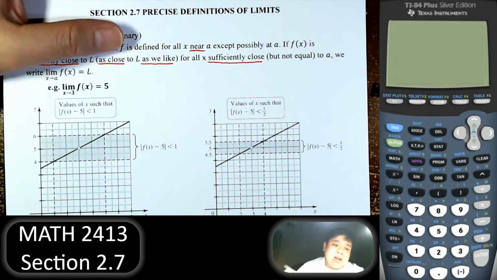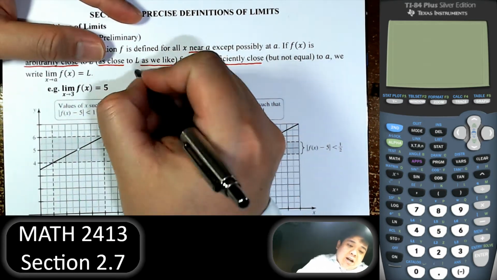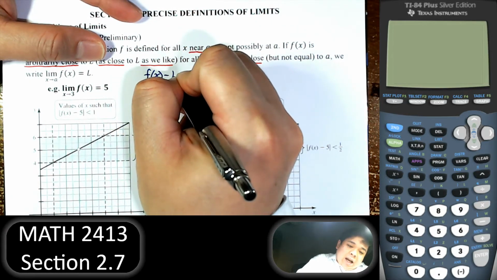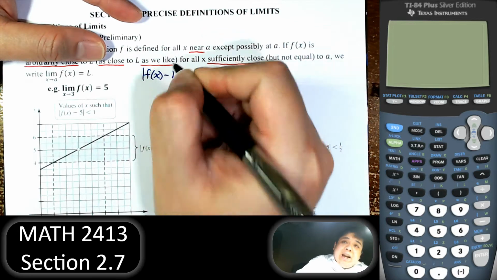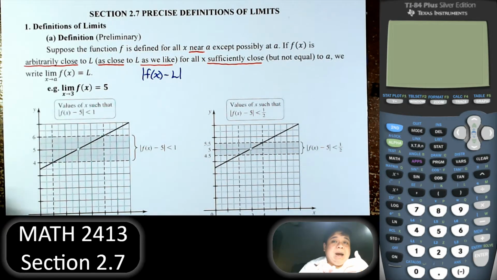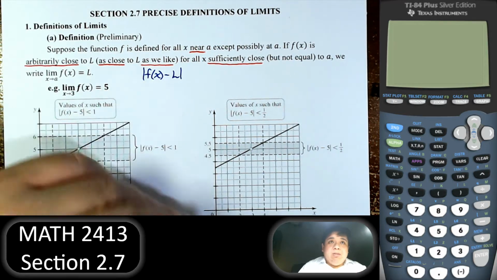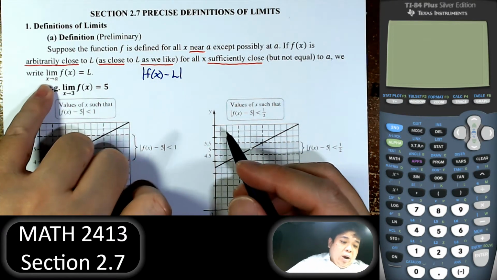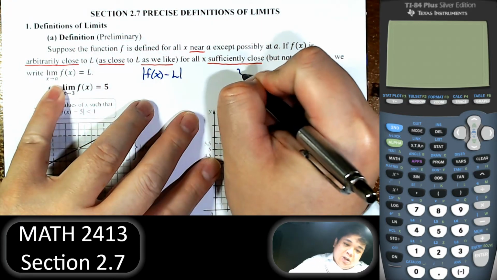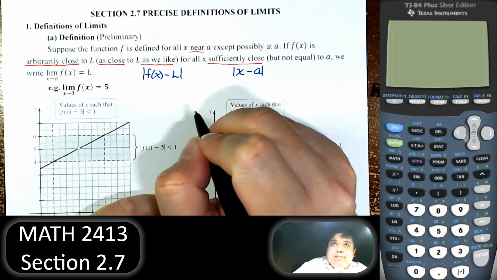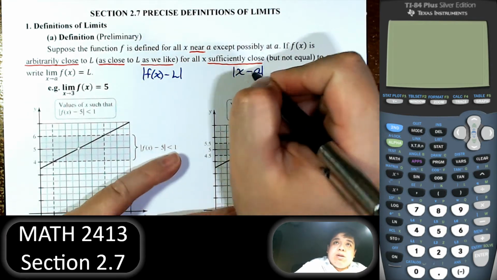So what we say is the distance between f(x) and L has to be close, meaning the distance between them is going to be small. And where x is close to a, this distance is also a very small number.